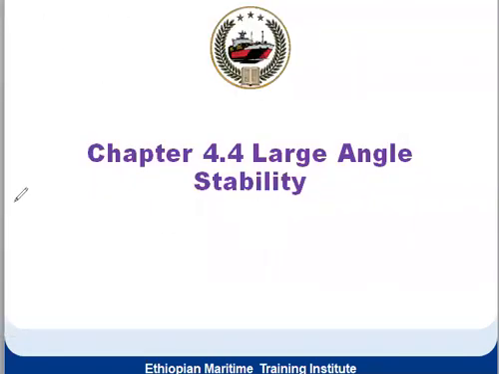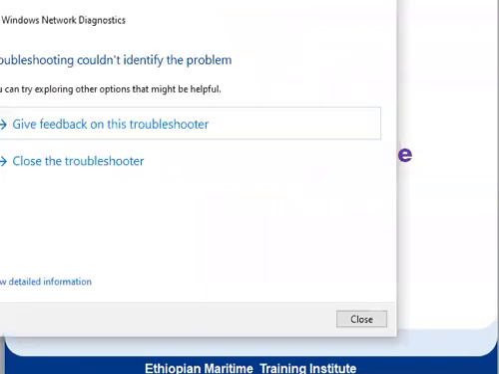with the next chapter. If Elma has any questions, I'll come back to that. Now, the next chapter is large angle stability. For a small angle of heel, we can use a formula which we have seen.